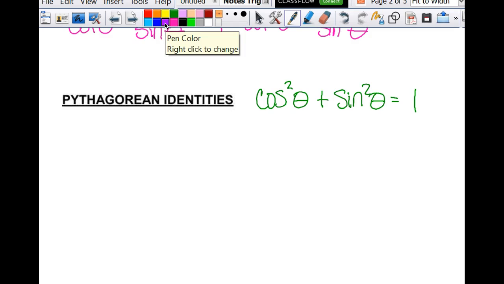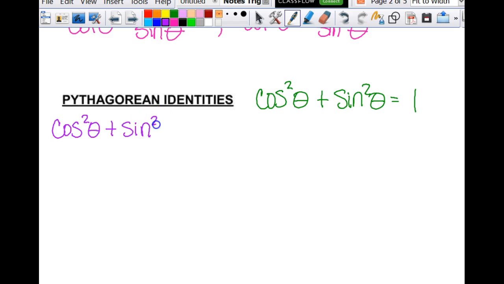To come up with the other 2, we're going to rewrite that one. Cosine squared theta plus sine squared theta equals 1. And then we're going to divide each term by cosine squared theta. I'm going to divide it all through by cosine squared theta, and then simplify.